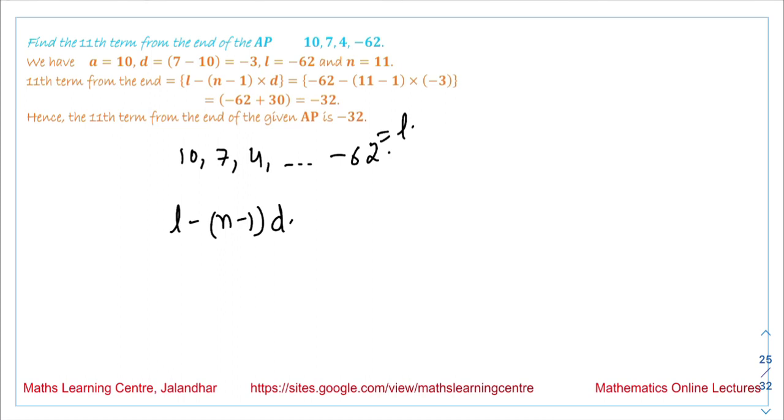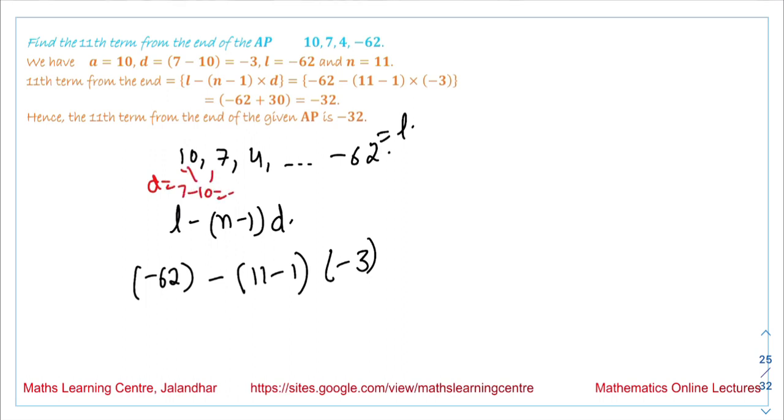So the answer we get is minus 62 minus (11 minus 1) times d. Why is d minus 3? The value of d is 7 minus 10, which is equal to minus 3. So the answer we get for this is minus 32.